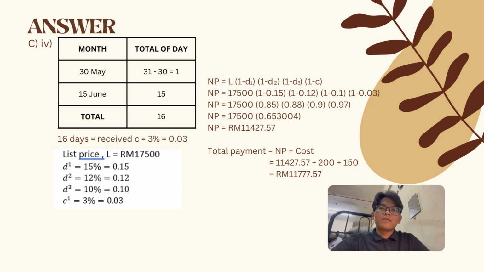So we get NP equals RM11,427.57. After that, we search for the total payment. Total payment is NP plus costs. So 11,427.57 plus 200 plus 150. So we get RM11,777.57.